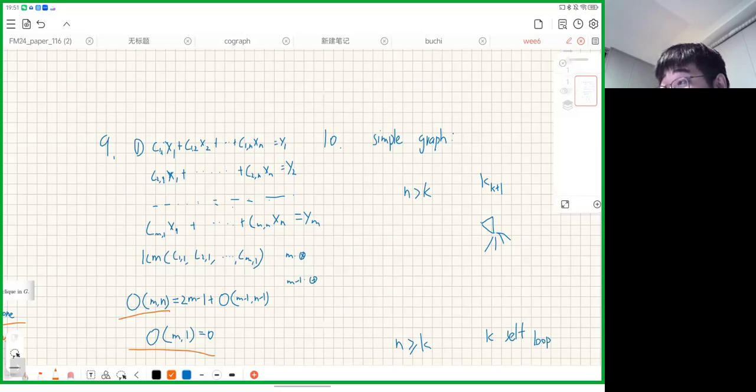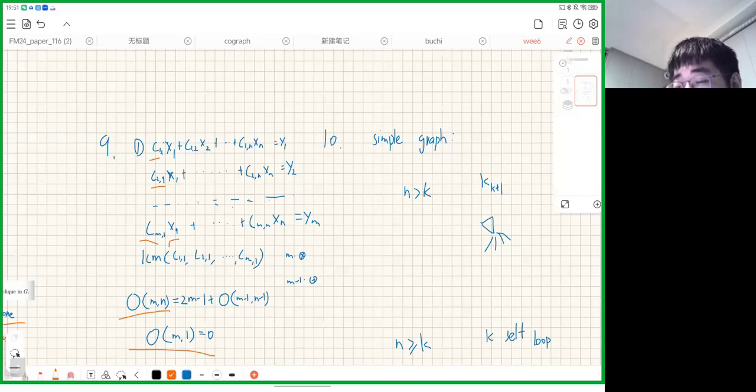To eliminate one variable, let's say we want to eliminate x1. We need to make the coefficients the same value in all these equations, and then add or subtract between the equations, and we can eliminate x1.